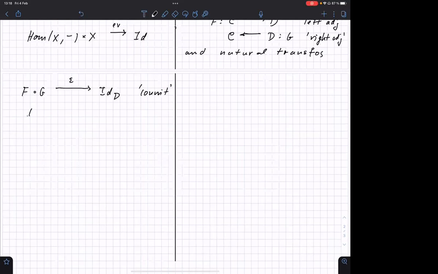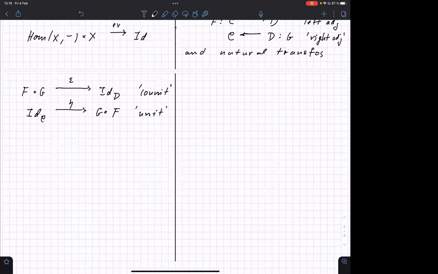And in the other direction, I could consider first F, then G. So first left adjoint, then right adjoint. And this is the unit or evaluation, if you like. Sorry, it looks like it's the other way around. Co-unit is the evaluation and unit is the co-evaluation from this example above.